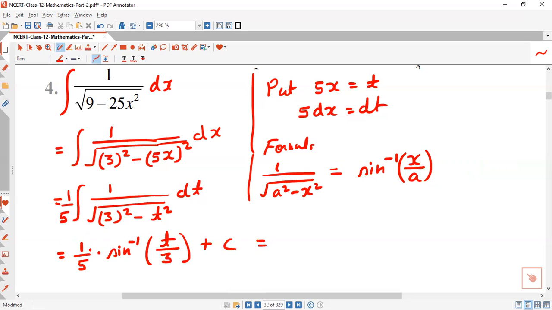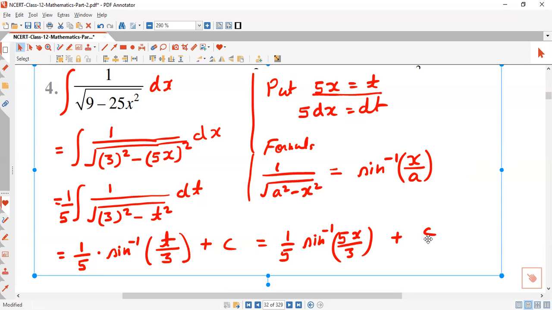Now put the value of t, you will get the answer. 1 upon 5 sine inverse, and the value of t is 5x, so we have 5x by 3 plus some constant c. This will be the answer of this question.